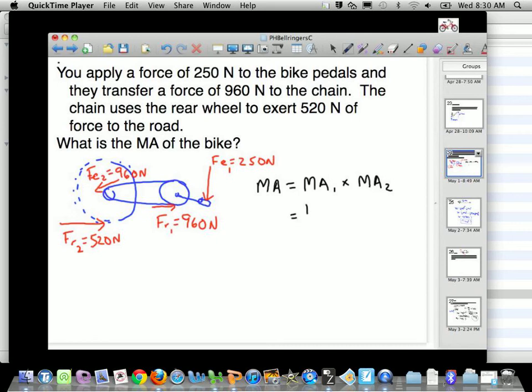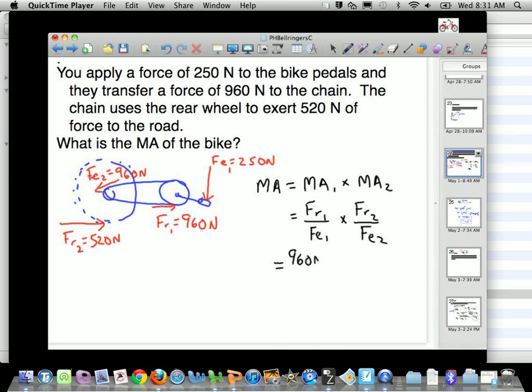mechanical advantage at the beginning is FR1 over FE1, or resistance force over effort force for the first part, times the resistance force for the second part, FR2, divided by the effort force on the rear wheel, FE2. And if we plug in these forces, for FR1 we're going to use the 960 newtons, the resistance force at the pedals from the chain.